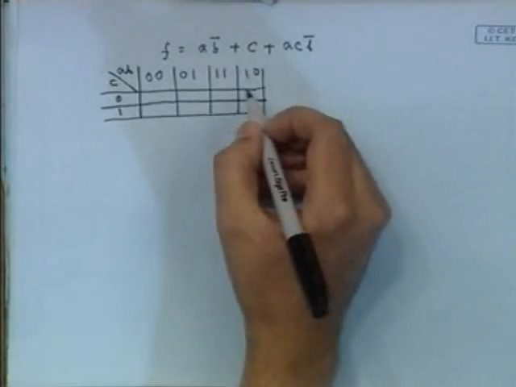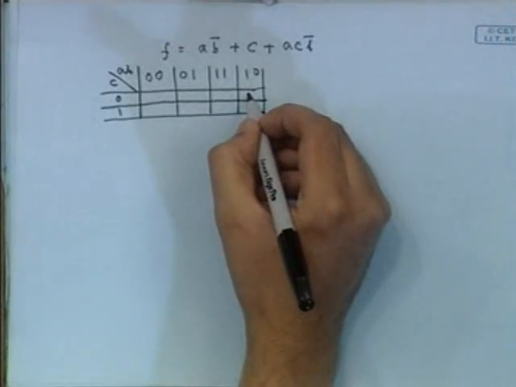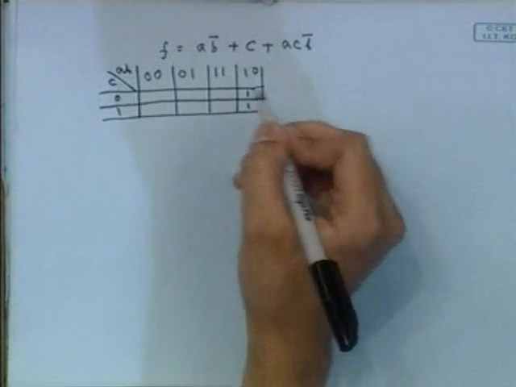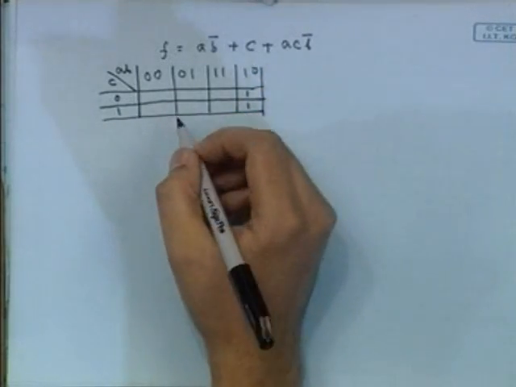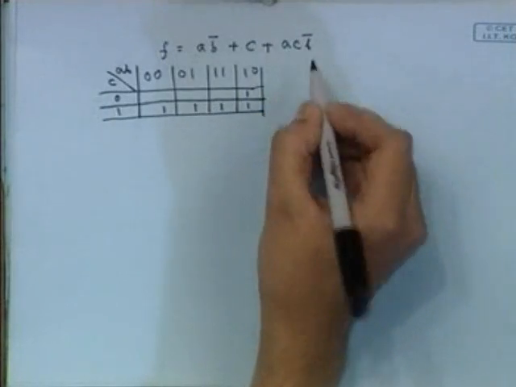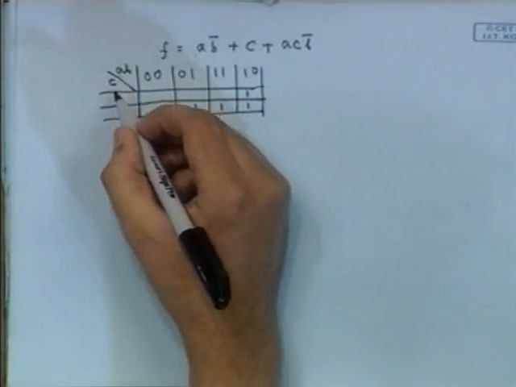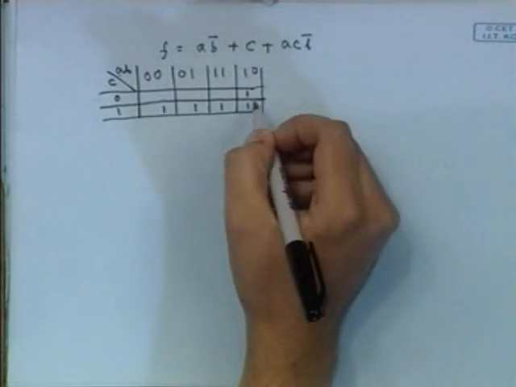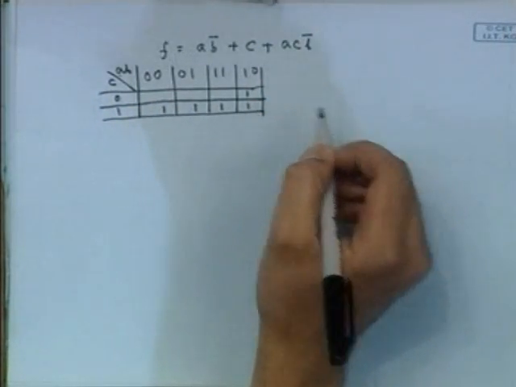These are the min terms a b bar, suppose this one. Then we have c. C means all these 4. Then a c b bar, that is already covered.